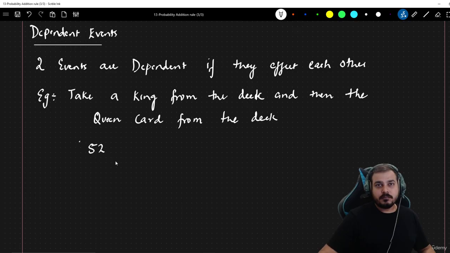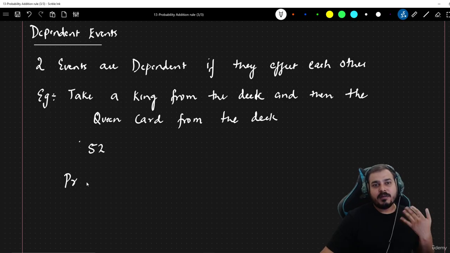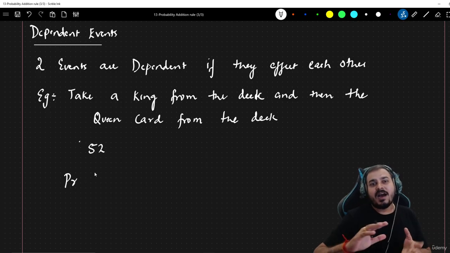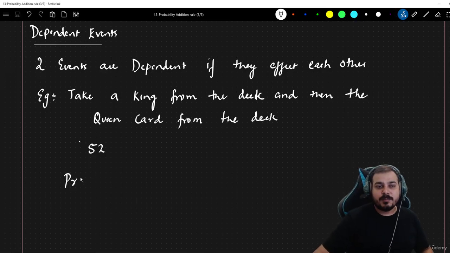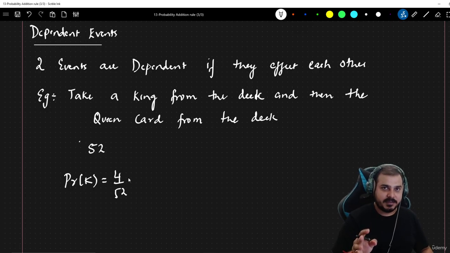52. Now suppose my task is that during the first take I take out a card and probably I get a king, and then after that what is the probability of taking out the queen card? Initially, if I take out the card as king, then my probability will be 4 by 52, because there are 4 kings.